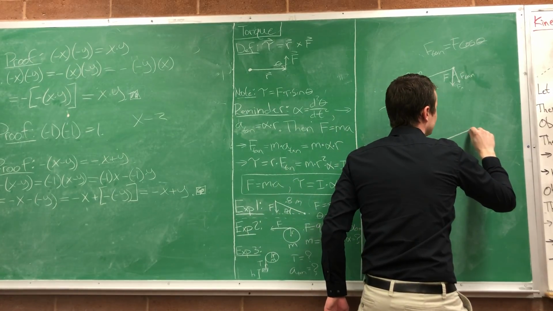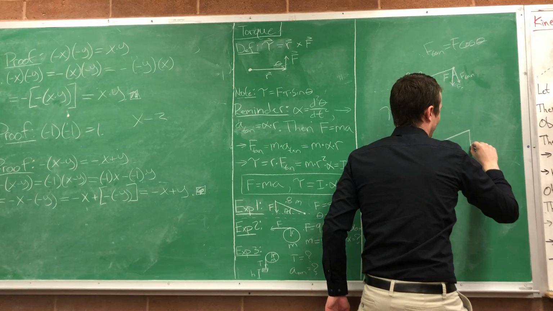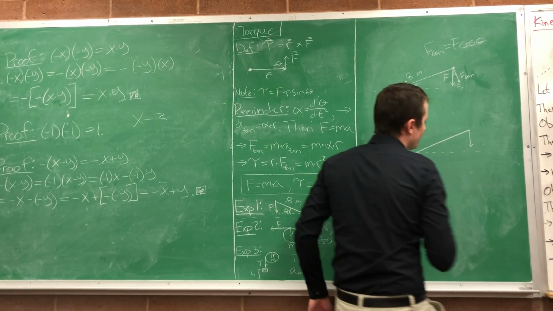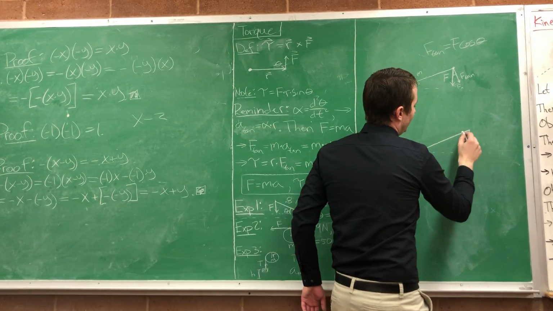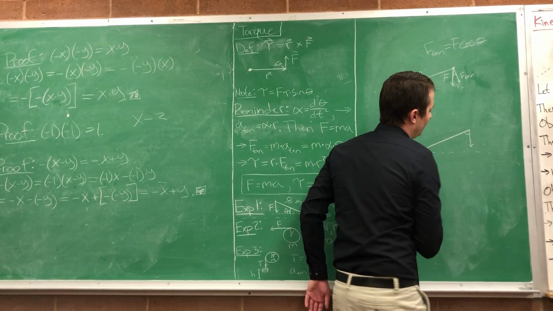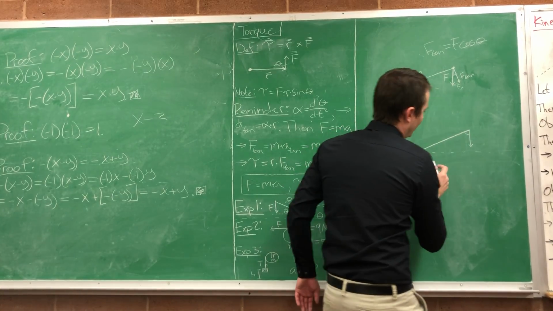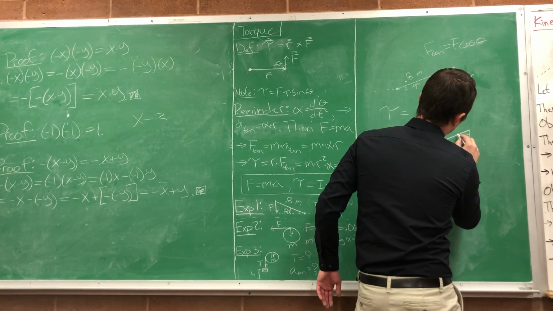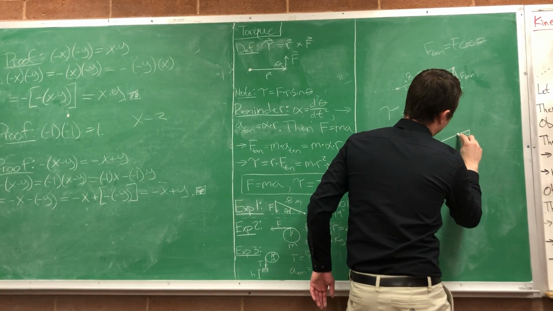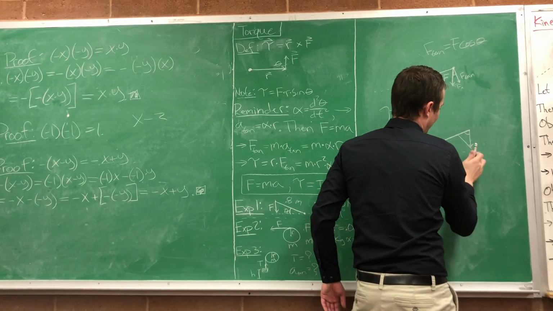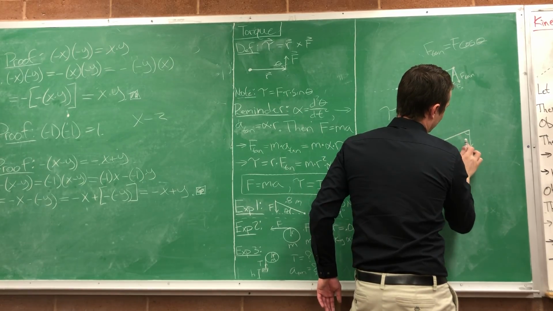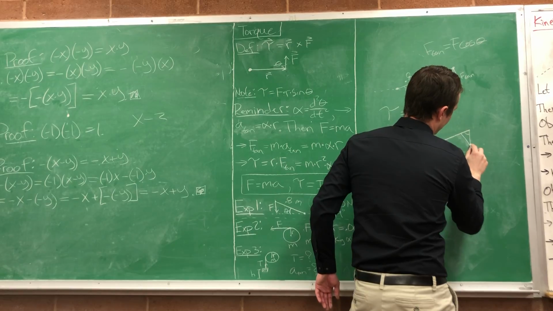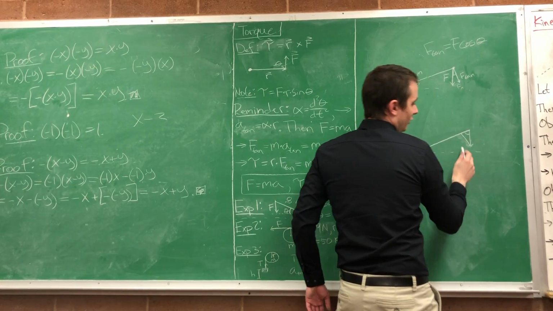So here we have this F force once again. And now, if I want to use the angle between them, if I want to use this angle, I need to make my right triangle. It's kind of hard for me to draw that right, but it's going to look something like that. You with me? Yeah, I see what you do.